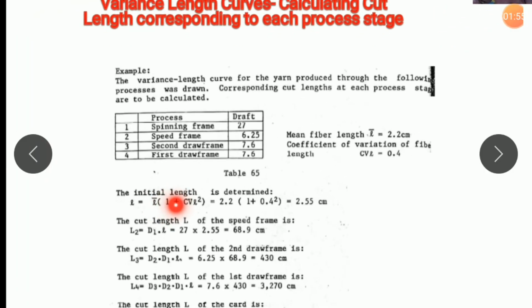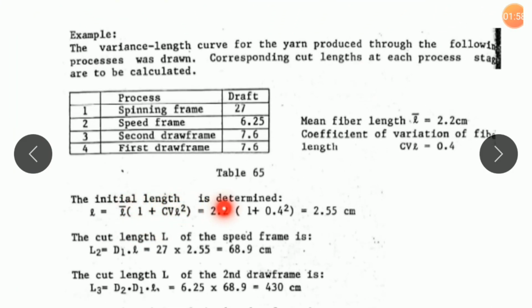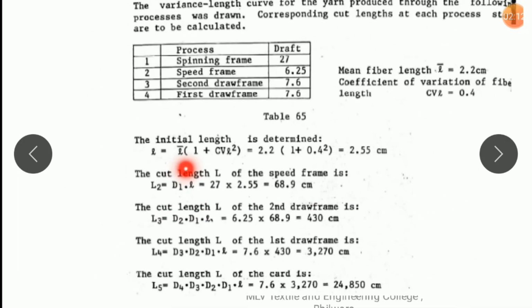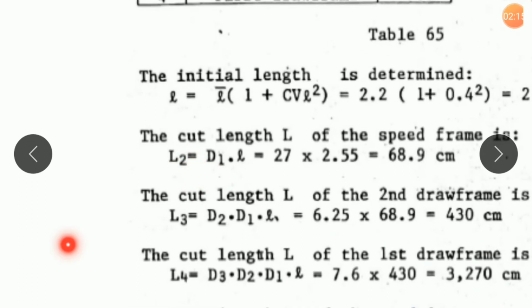So considering ring frame as the first, so initial length, that is 2.2, so cut length corresponding to speed frame, L2, because ring frame represents the first process, is draft D1 into L. So draft in ring frame is 27 multiplied by initial length, that is 2.55, so it works out to be 68.9 centimeters.